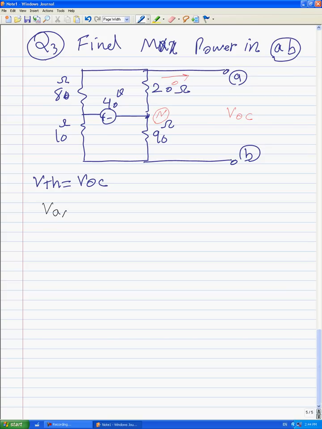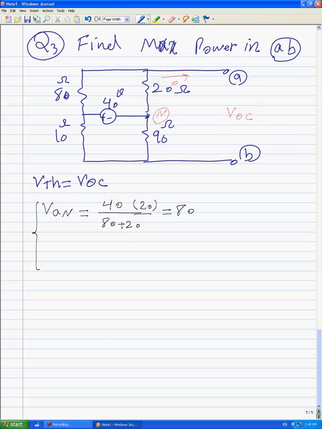VAN is equal to the total voltage, 40, divided by 80 plus 20, times 20. This voltage is equal to 8 volts.